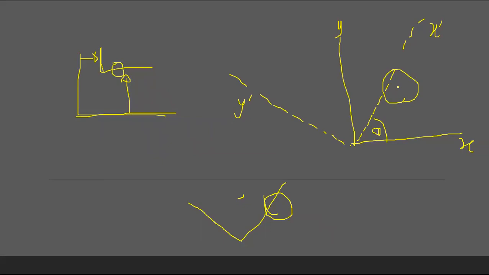Now please remember, if you need to find Ix, you can see the centroid axis is this. For sure you have to use the parallel axis theorem to find even Ix. Let's say you know Ixx and Iyy.